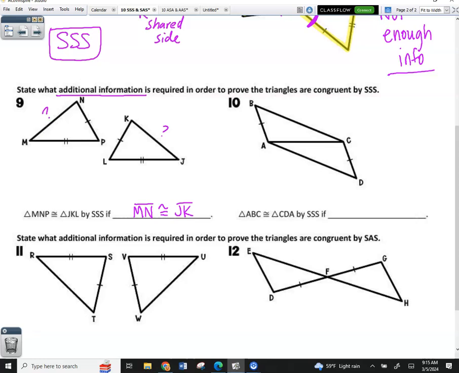All right, everybody go to number 10. Try it. Now be careful. They're definitely touching, right? So is there something not marked that we actually can mark?